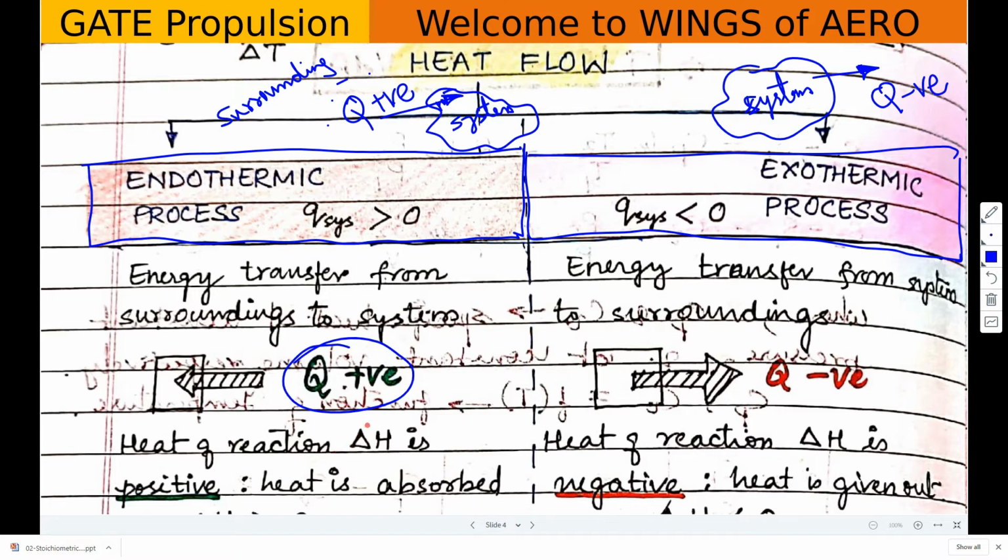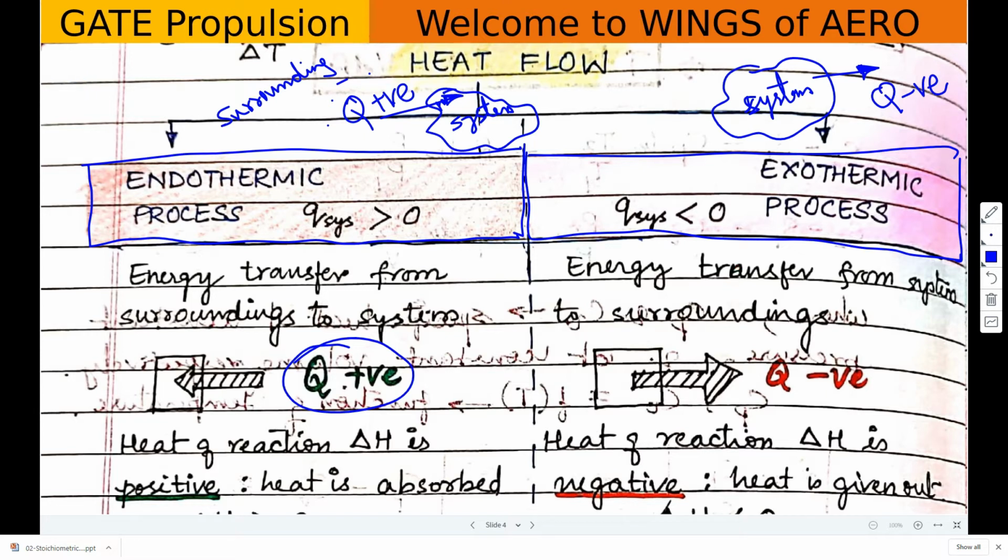Now let's read the next point, the heat of reactants. The heat of reactants is positive. Now to understand what is meant by heat of reactants, for an example, let's consider how the combustion takes place. Obviously there is a mixture of air and fuel.